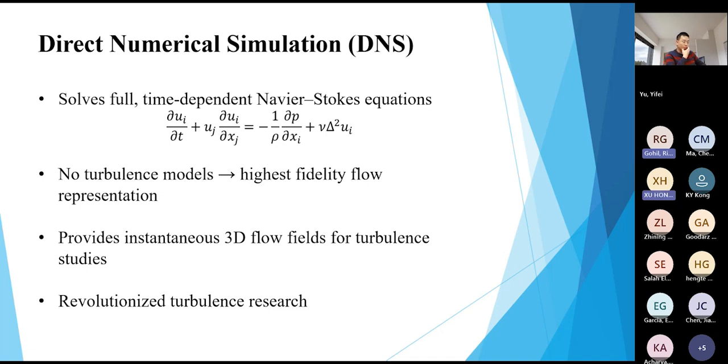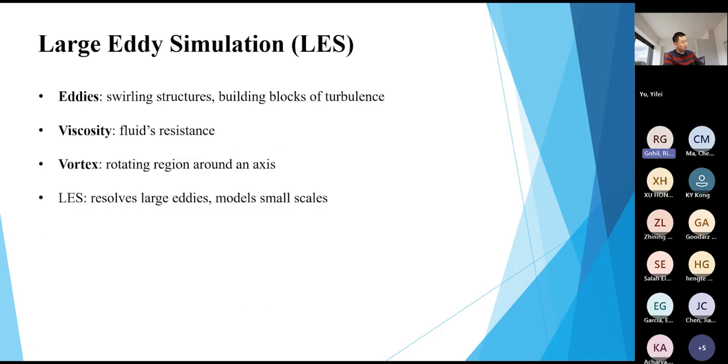DNS provides instantaneous 3D flow fields with higher fidelity, but the cost grows as Reynolds number increases. Since DNS is impractical, we turn to LES, which filters the equations.